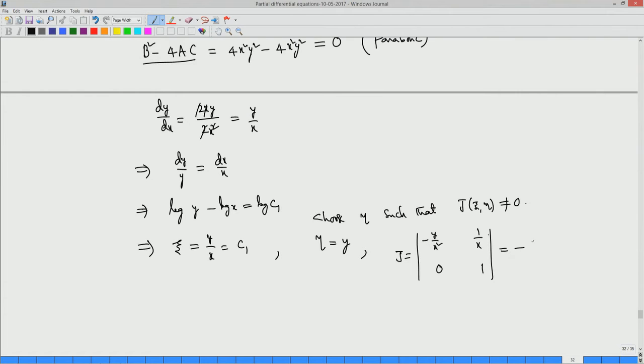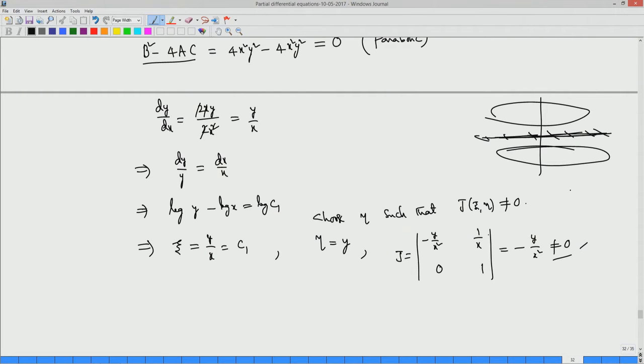So, this is simply minus y by x square, which is clearly non-zero. Where is it non-zero? Strictly speaking, this is non-zero only in the domain where y is not equal to 0. So, you have to consider the domain minus the x axis. You have to consider either the upper half plane or the lower half plane, in which this Jacobian is non-zero.